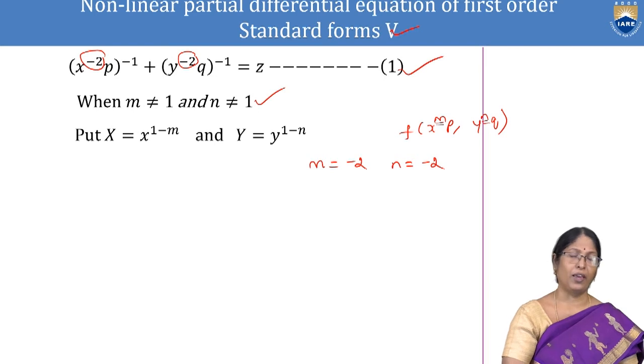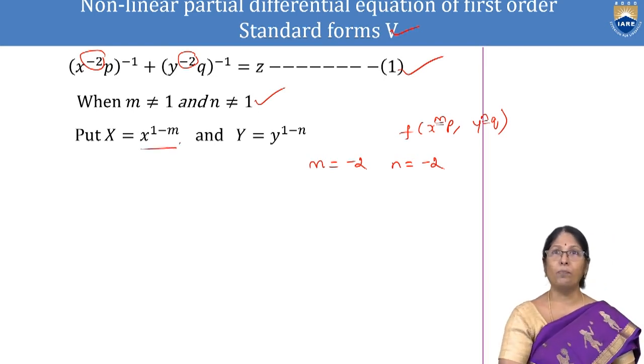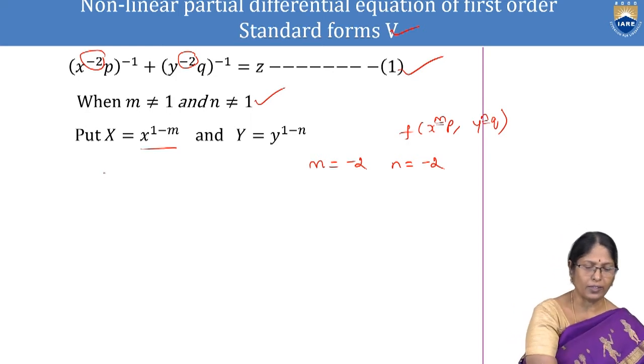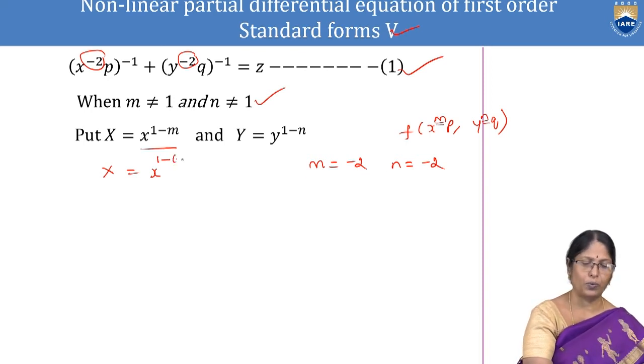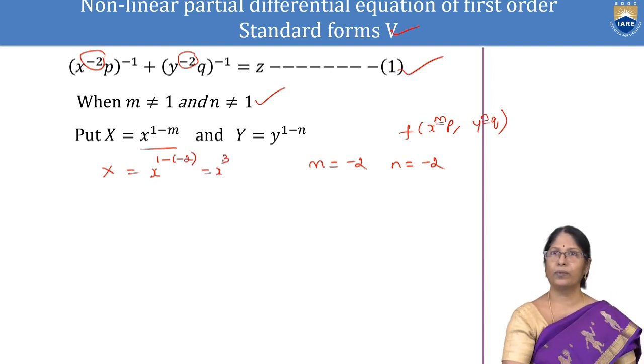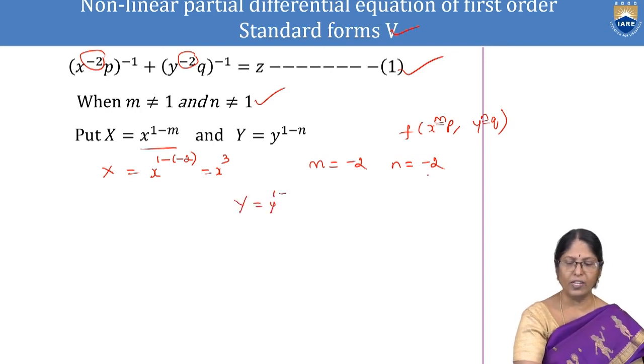According to that case, capital X equal to x power 1 minus m. Substituting minus 2 in the m place, we get x cube. Similarly, y place 1 minus n is 1 minus minus 2, and substituting, we get y cube.